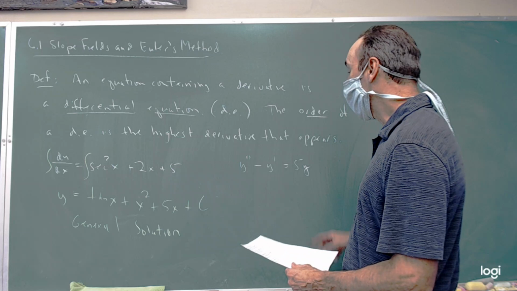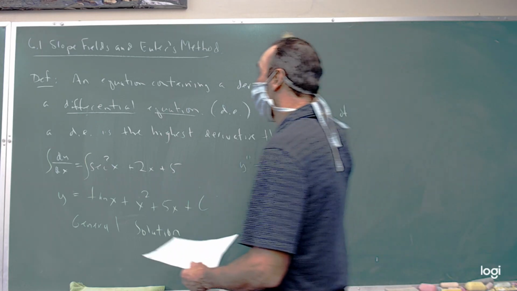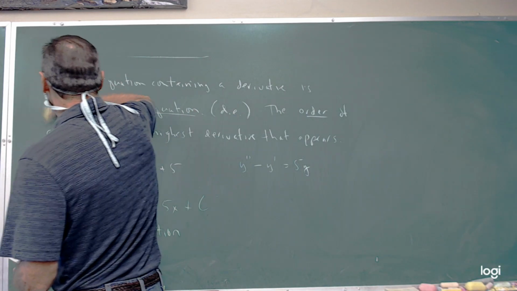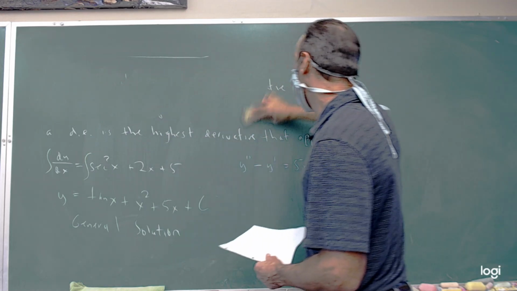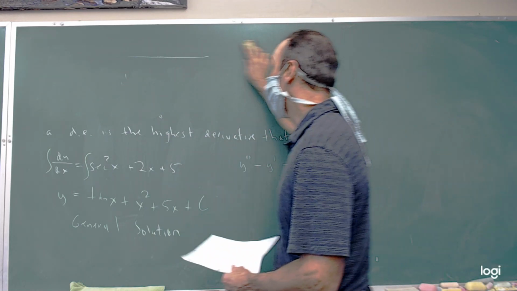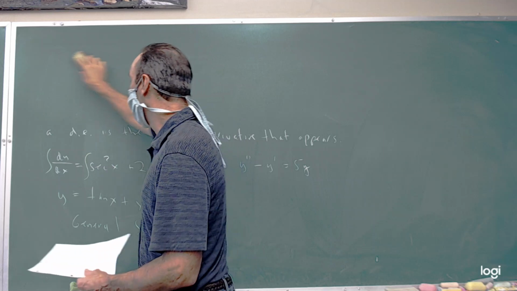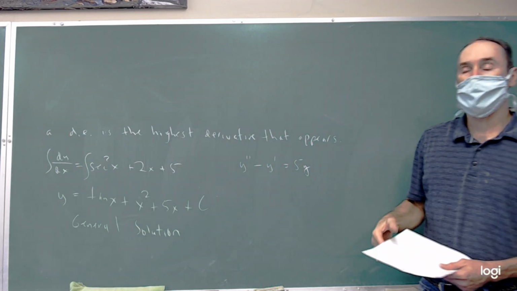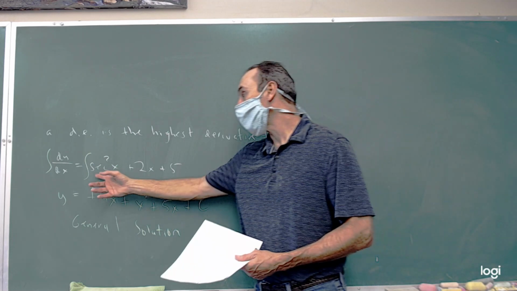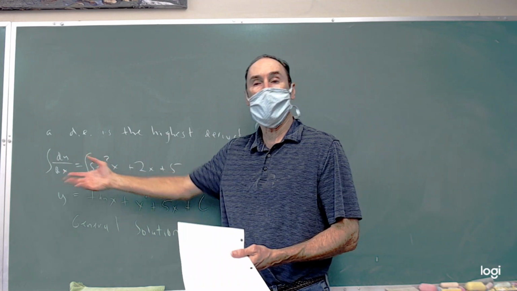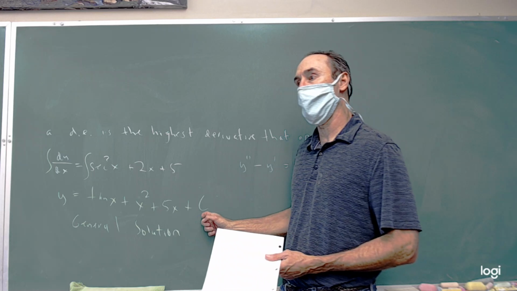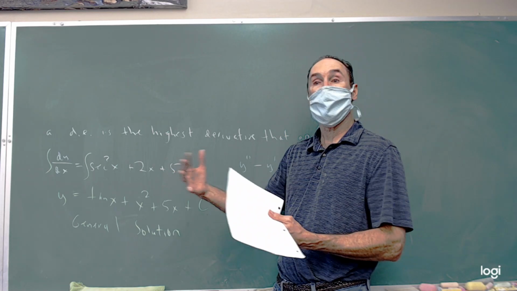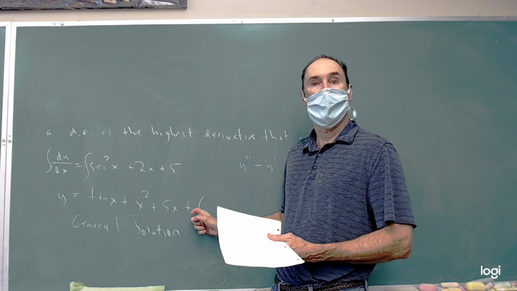And if we add what's called an initial condition, if we know the value of the function at a point, sometimes we need more than one initial condition. If we have a first order equation, we're going to integrate once and get one constant of integration, so we need one initial condition to decide what that c is.